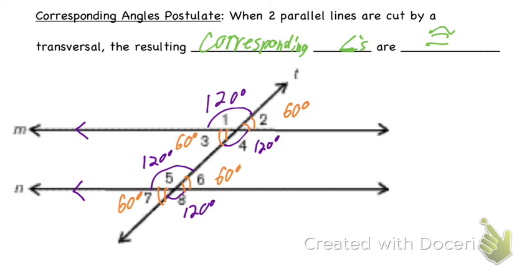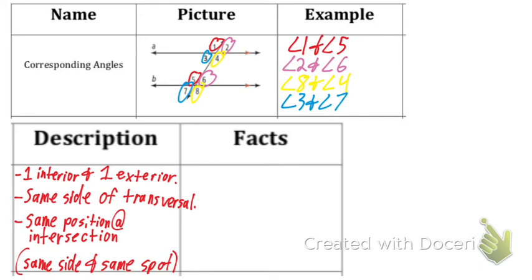Okay? Now, here, we said corresponding angles were congruent when the lines are parallel. So let's go back to our table for a second. The first spot on our table, corresponding angles, go to the facts box. We're going to put in at the very top, when 2 lines are parallel, what do we know about corresponding angles?